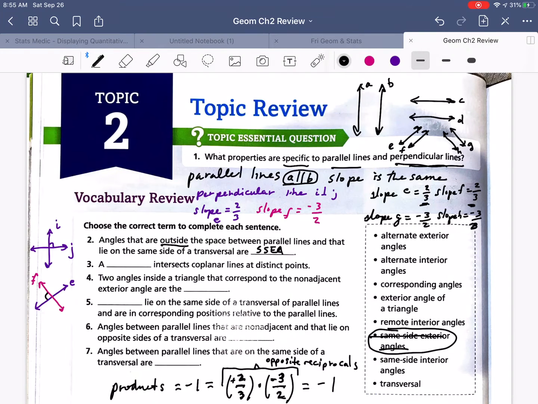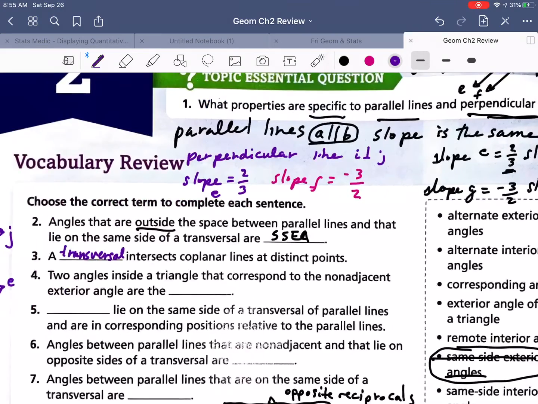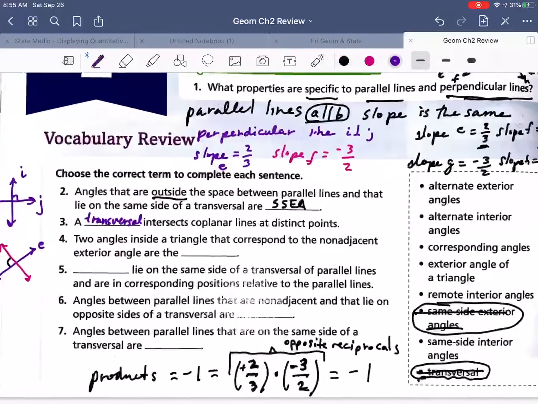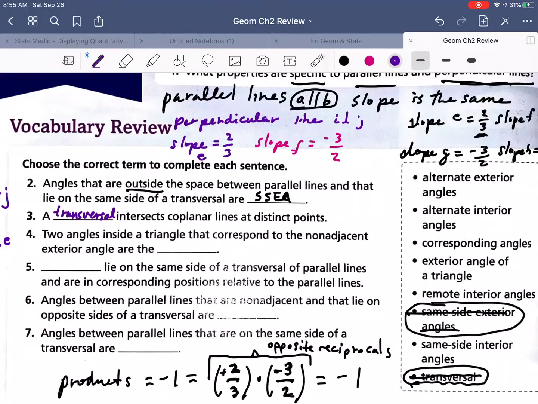A blank intersects coplanar lines at distinct points. So I think that's our transversal. I'm going to put transversal for now. That's this idea of our transversal. Okay. Two angles inside a triangle.